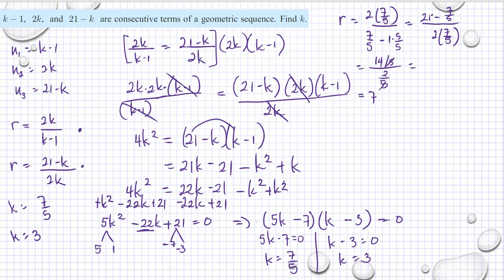So if I expand this by 5, then I have 105 minus 7 divided by 14.